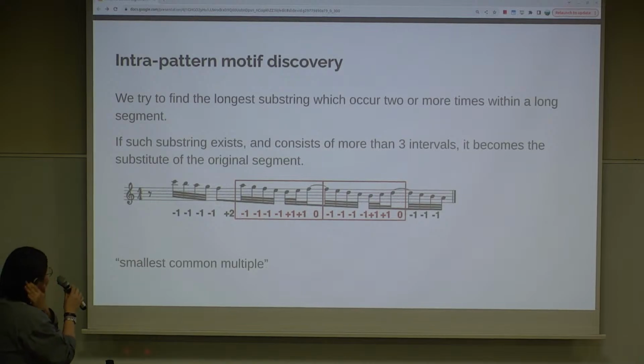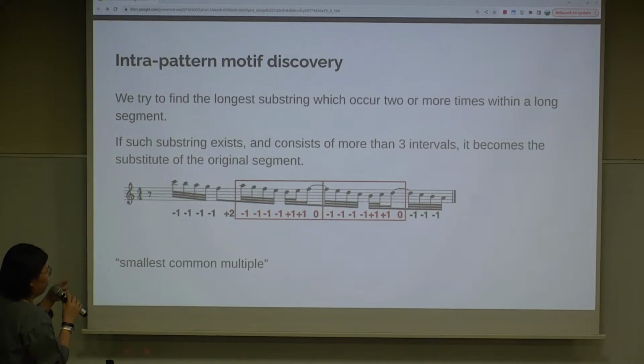So here, if we have a long segment where we want to find a motif, we try to find the longest substring which occurs 2 or more times within the long segment. And if they exist and consist of more than 3 intervals, they become the substitute of the original segment. So here we are trying to find the smallest common multiple.